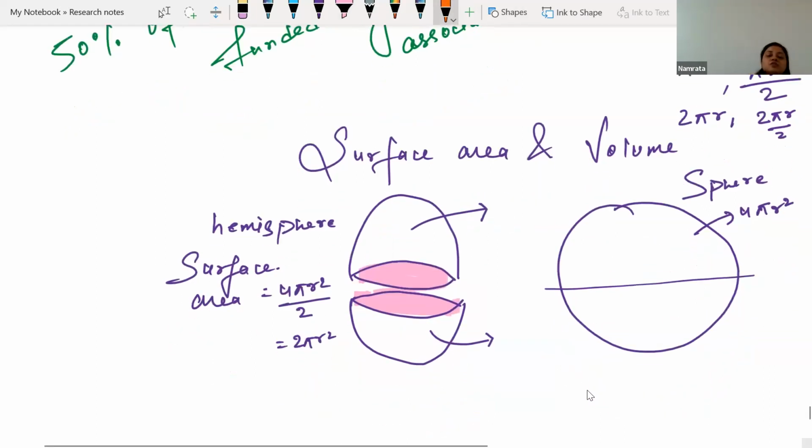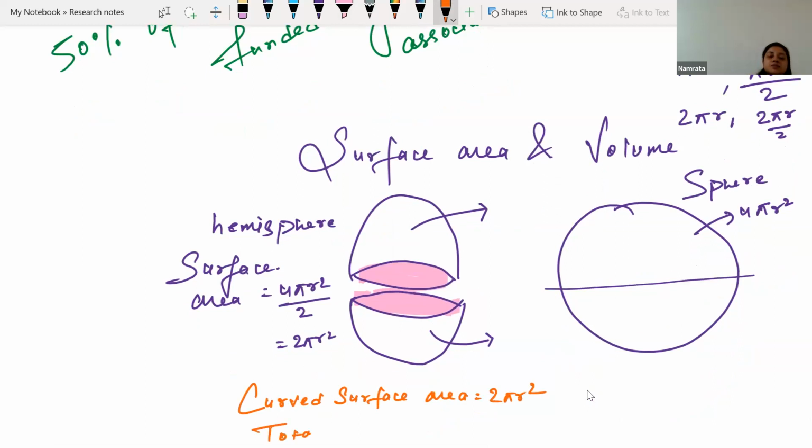Yes. So for a hemisphere, there are two formulas. The curved surface area formula is 2 pi r square, and the total surface area formula is 2 pi r square plus pi r square.